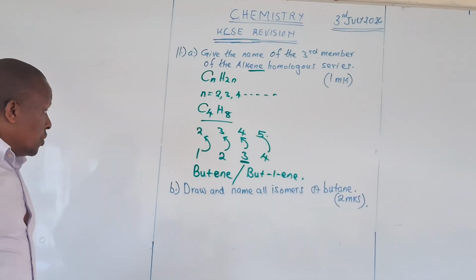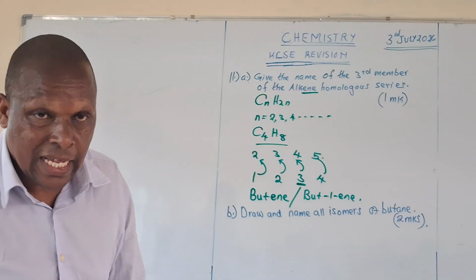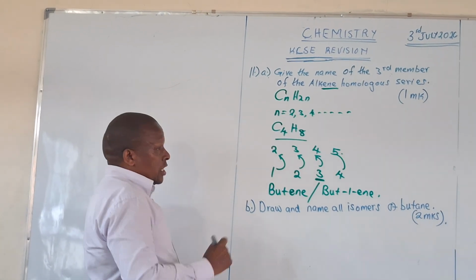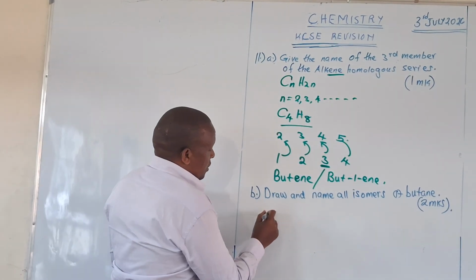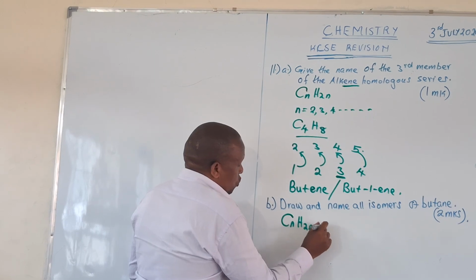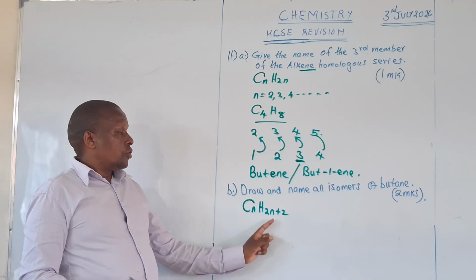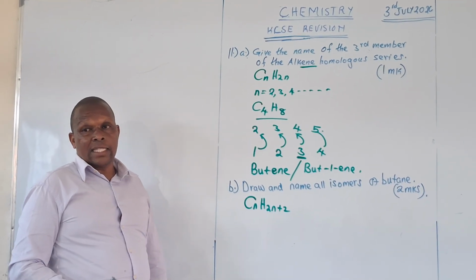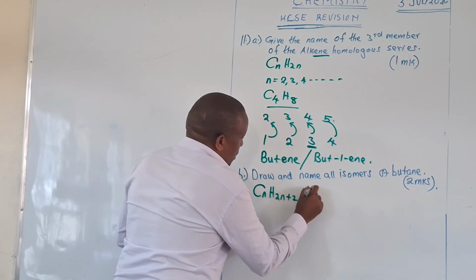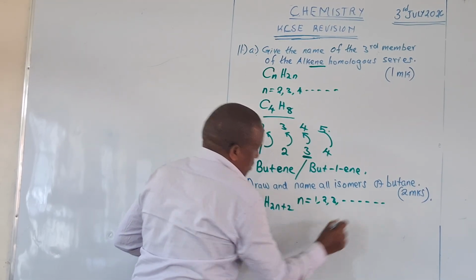Now, to draw and name all isomers of butane. Butane is an alkane. The general formula for alkanes is CnH2n+2, where n is equal to 1, 2, 3, and so on.